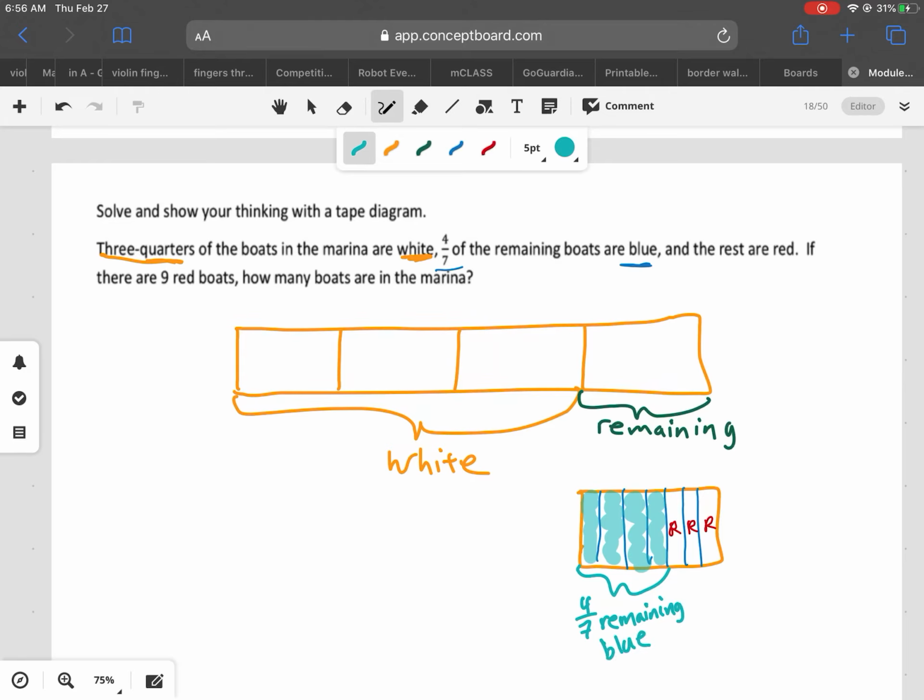Alright, so these are my blues, and that means the next piece of information is that there are 9 red boats. So that tells me that 3/7, which is our leftover right here, is equal to 9 boats.